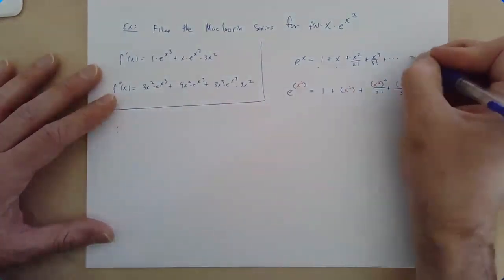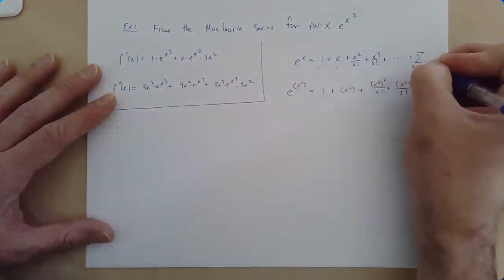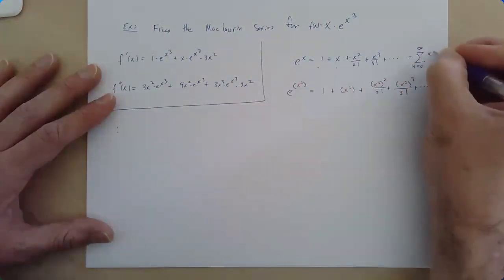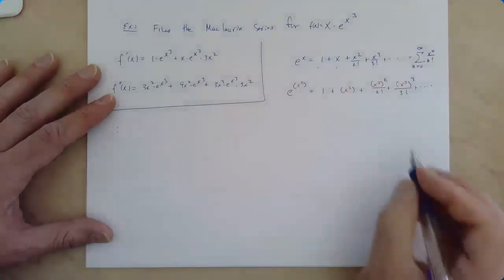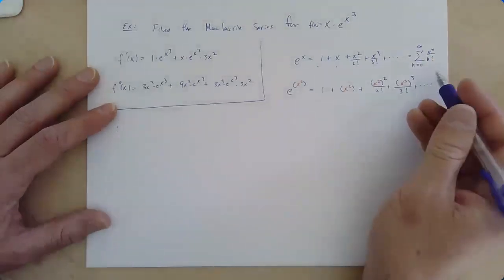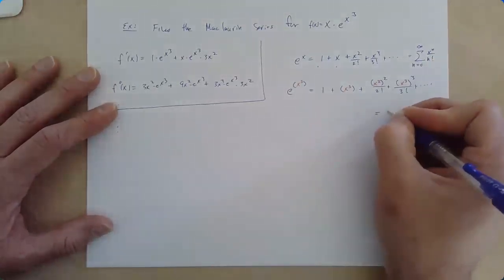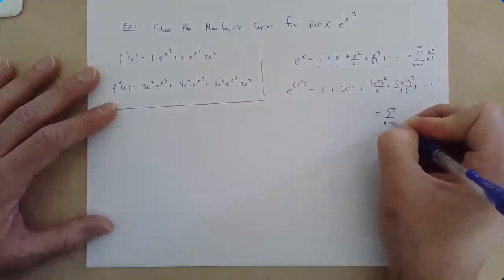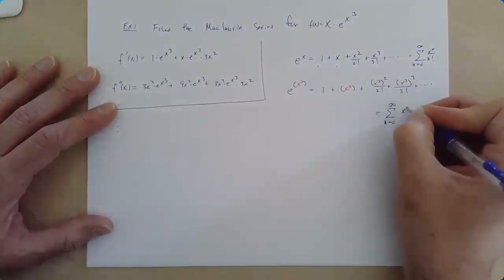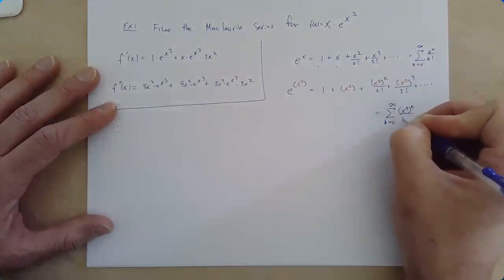This first one we know is the sum from n equals 0 to infinity of x to the n over n factorial. So here we're just replacing the x with x cubed. So this looks like the sum from n equals 0 to infinity of x cubed to the n over n factorial.